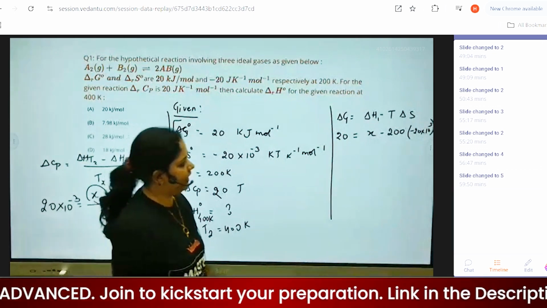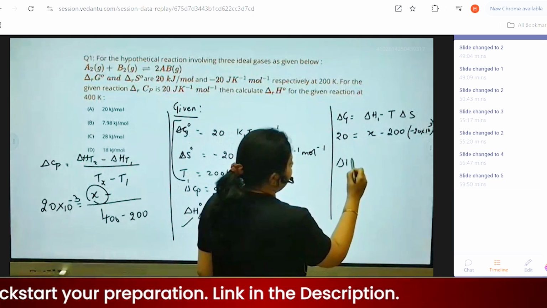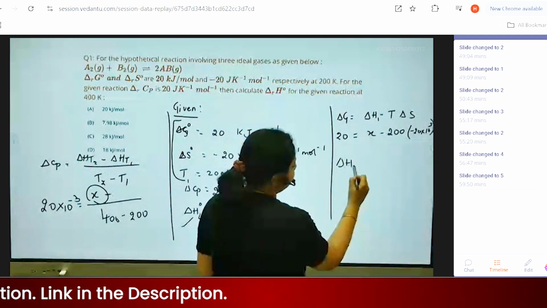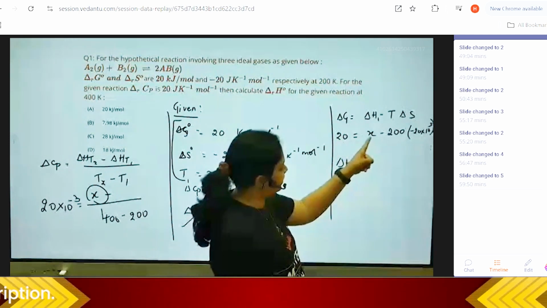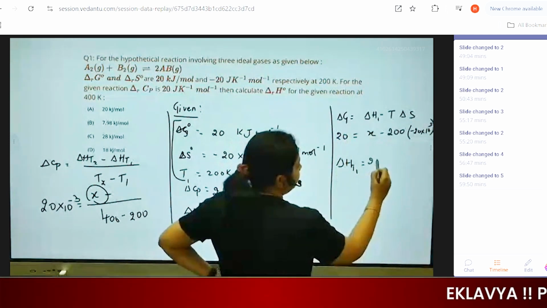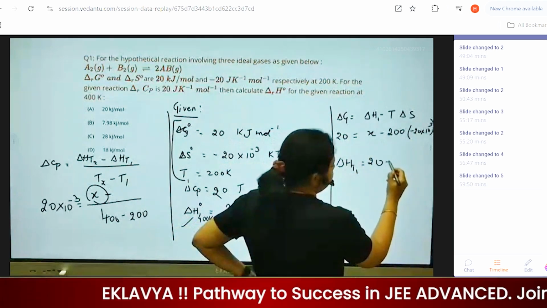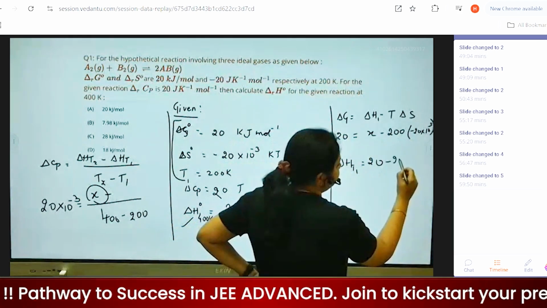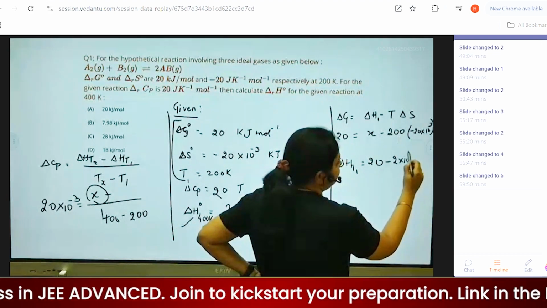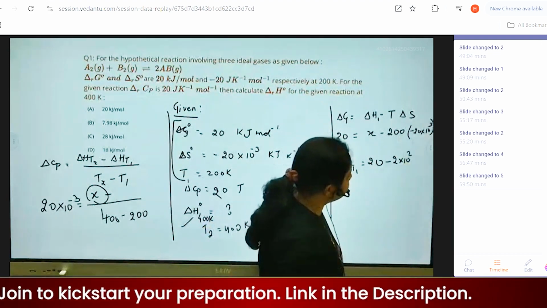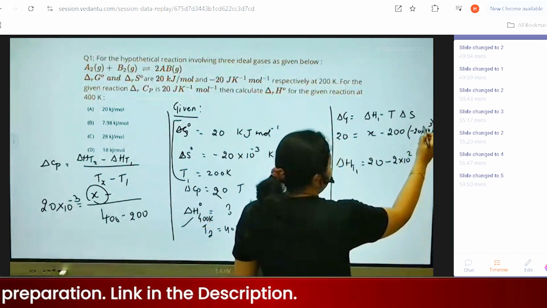If we calculate this delta H, which is X here, it is equal to 20 plus, minus 2 into 10 to the power 2. This I can write as 20 into 10 to the power minus 3.